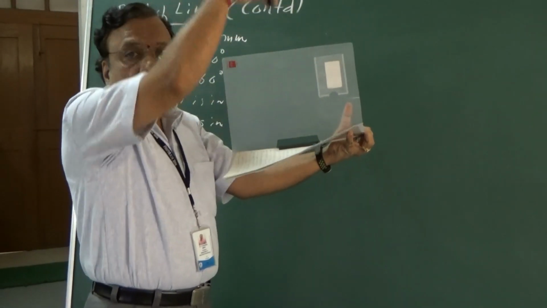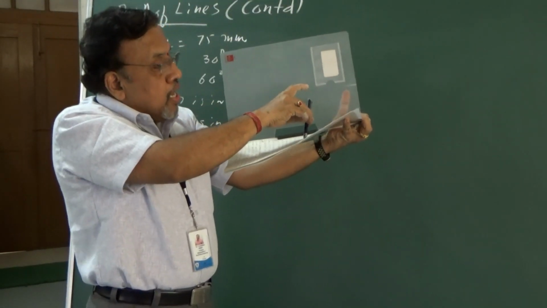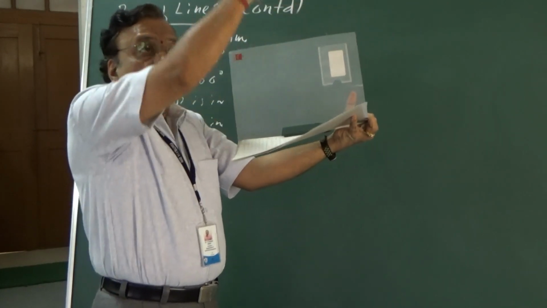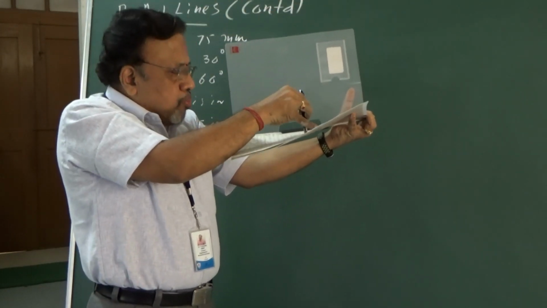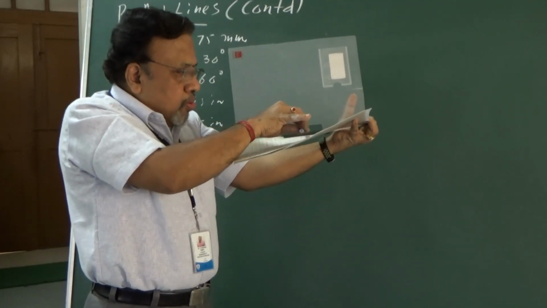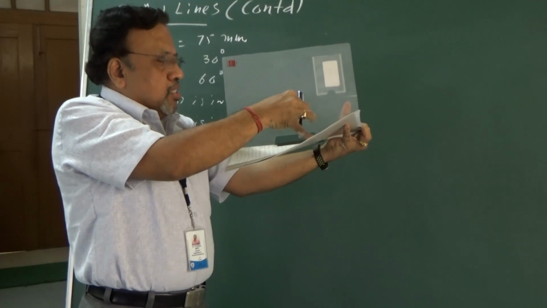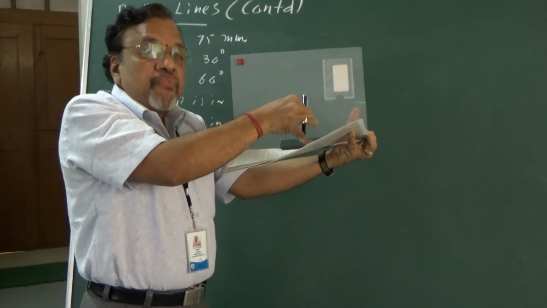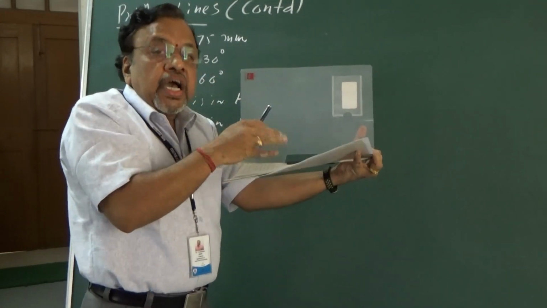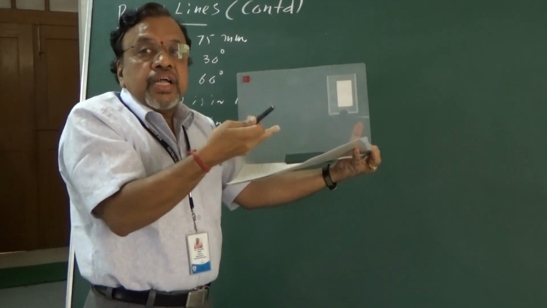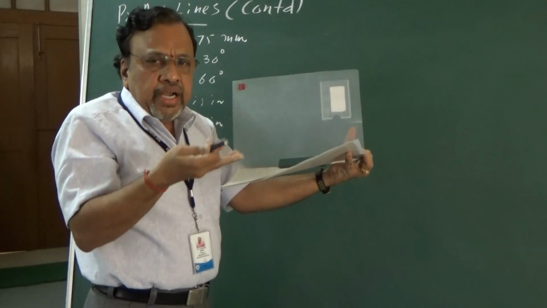Similarly, if I look from the top, this point will coincide here and this point will come here, so this line will be perpendicular to the XY line. That means if the sum of the inclinations is 90 degrees, then the final projections have to be perpendicular to the XY line. But of course, there will be foreshortened lengths, and those lengths will be LFV and LTV.